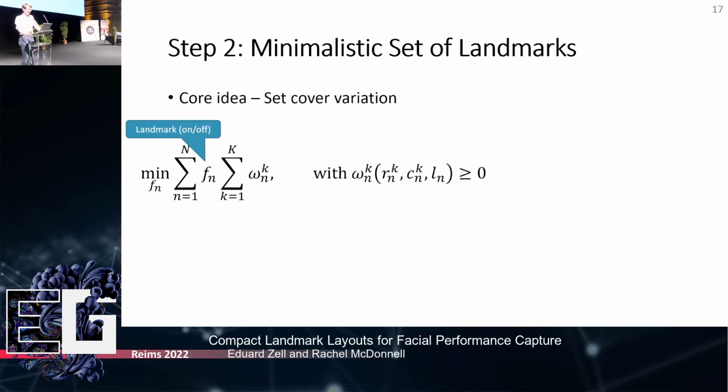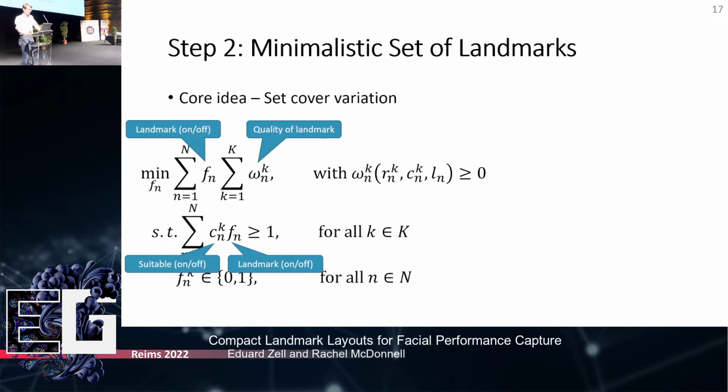The variable fn is basically a switch whether a vertex is a landmark or not. To consider the quality, we use a weighted set cover variation. And finally, we add the inequality condition that the landmark must exist for every blend shape.